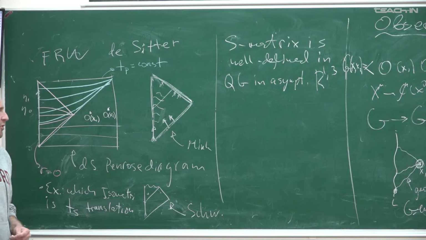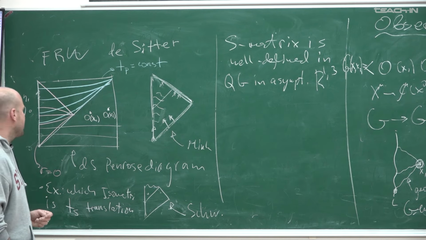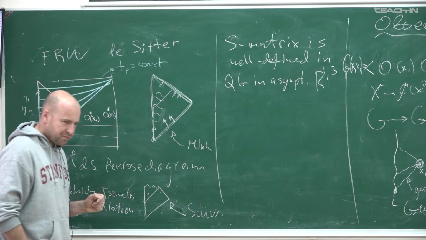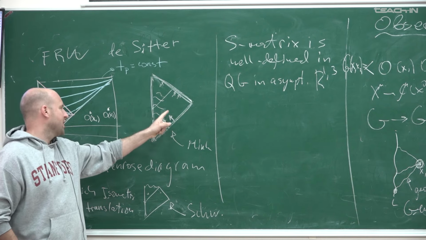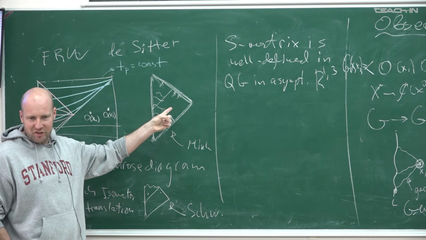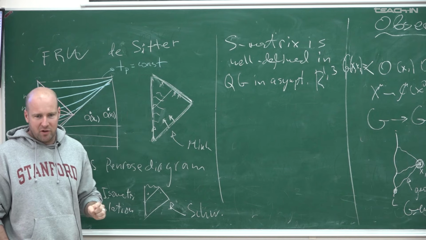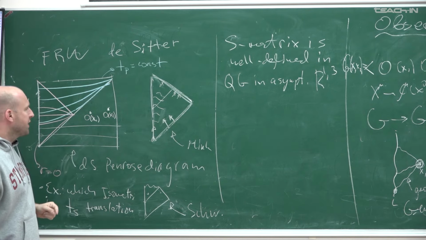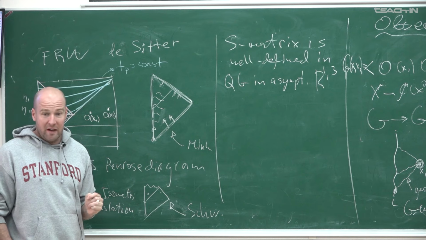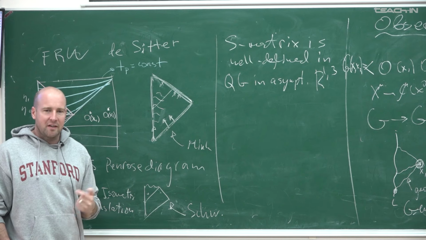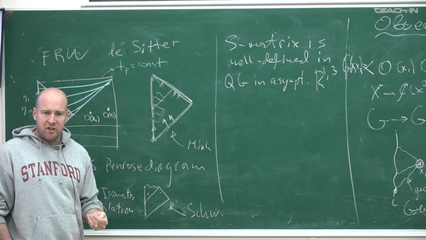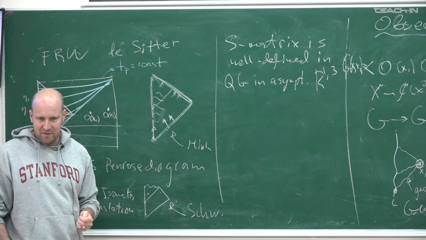I was about to tell you that in de Sitter space, no one knows how to do it. The fact that in flat space we have at least one observable, which is the S matrix, is very powerful, very valuable. It makes flat space conceptually much easier to study than de Sitter space.